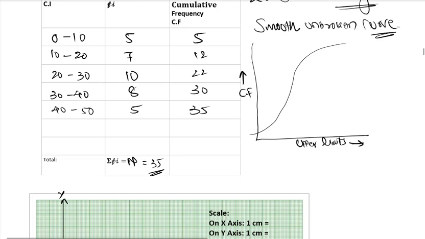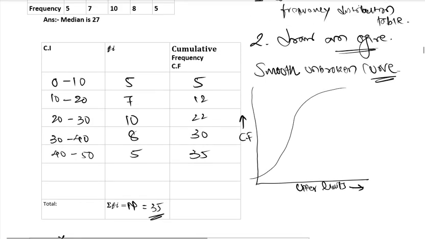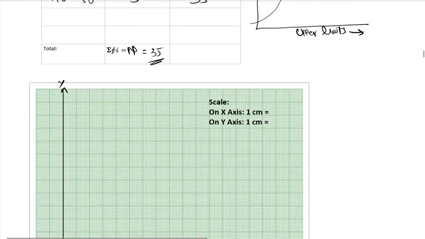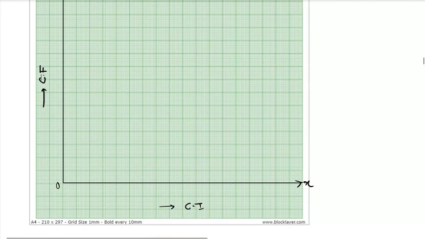On the x-axis we have to just go from 0 to 50, 5 blocks, that's it. So how many blocks do we have on the x-axis over here? 1, 2, 3, 4, 5, 6, 7, 8, 9, 10, 11, 12, 13, 14, 15, 16, 17.